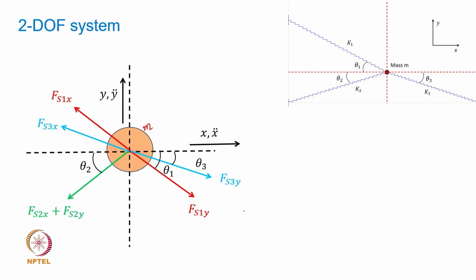For example, let us say spring S3. So this S3 spring, if it is subjected to x displacement, it is going to get compressed, and that compressed spring is going to ensure that the mass is restored to its original position. So it is going to apply the force along this direction. So this is going to be the force due to the spring stiffness K3.